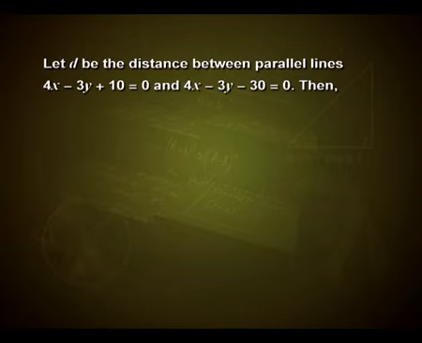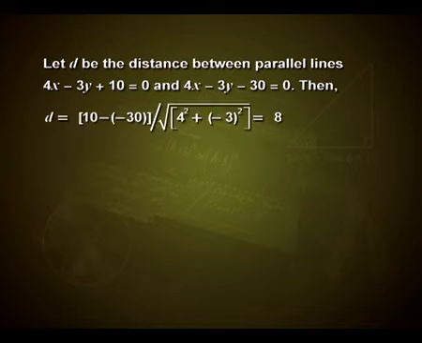Let D be the distance between the parallel lines 4x - 3y + 10 = 0 and 4x - 3y - 30 = 0. Then D = (10 - (-30)) / √(4² + (-3)²), which is equal to 8.